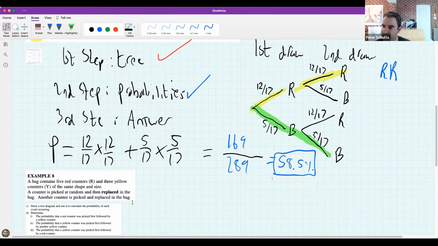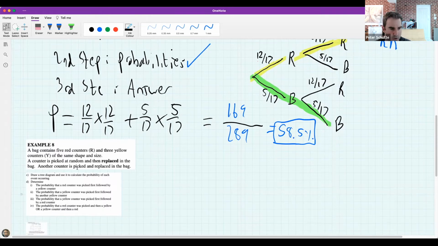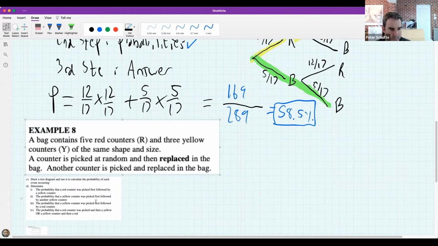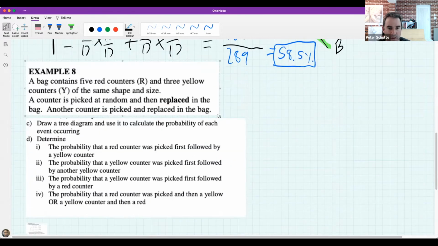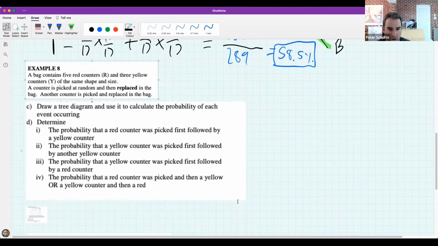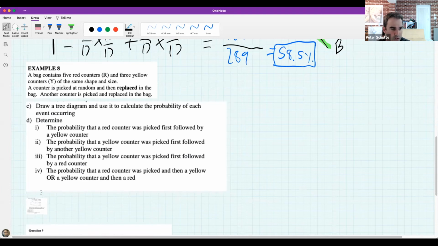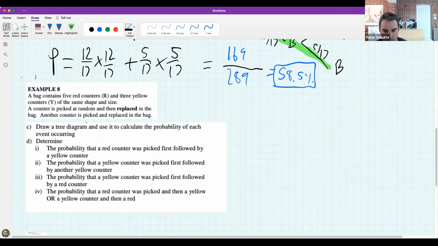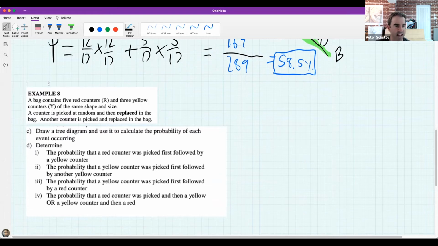Let us try a second one. Okay, so here is the question. I want you to try and do this question for me. Example 8 says a bag contains 5 red counters and 3 yellow counters. A counter is picked at random and then replaced in the bag.